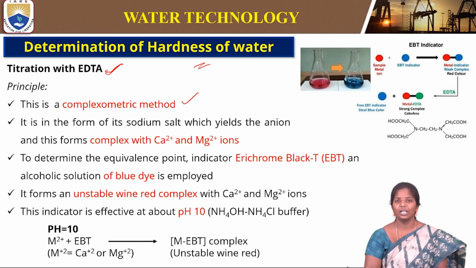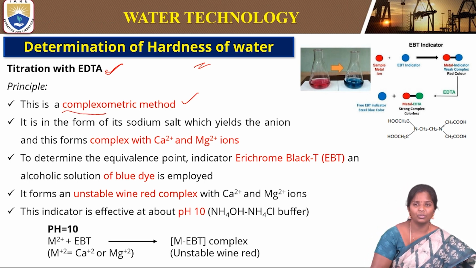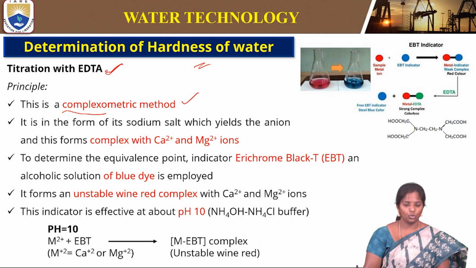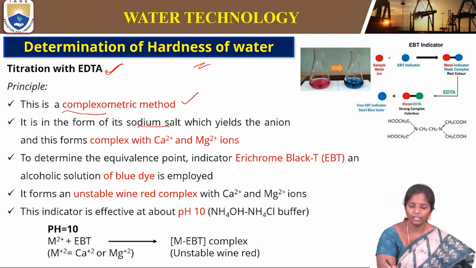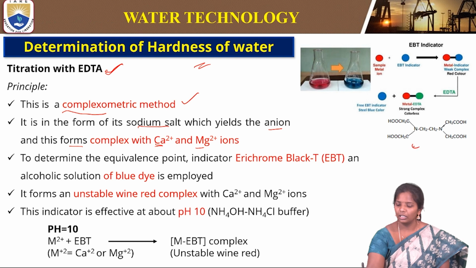Why are we saying complexometric titration? Because it is forming a complex with the metal ions. It is in the form of a sodium salt which gives the anion, and this forms a complex with calcium and magnesium 2+ ions. This is the EDTA.